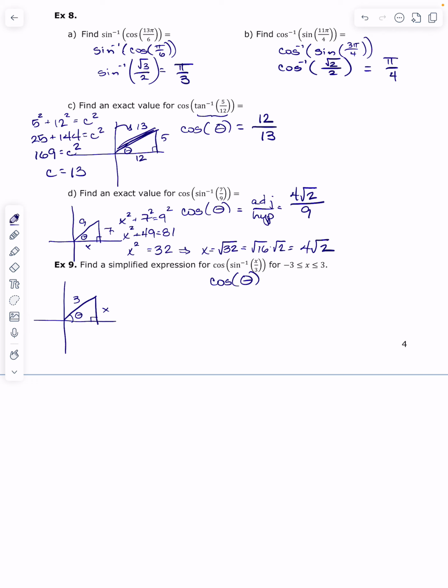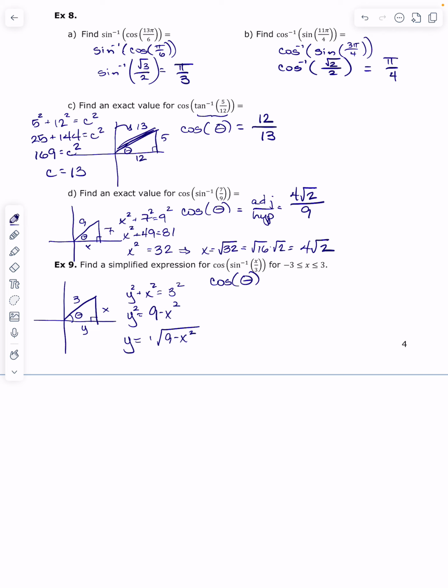So let's see. I'm going to call this y for now. I got y squared plus x squared equals 3 squared. y squared equals 9 minus x squared, because I don't know what x is. So y equals plus or minus the square root of 9 minus x squared. And we're not even going to worry about the negative part right now.